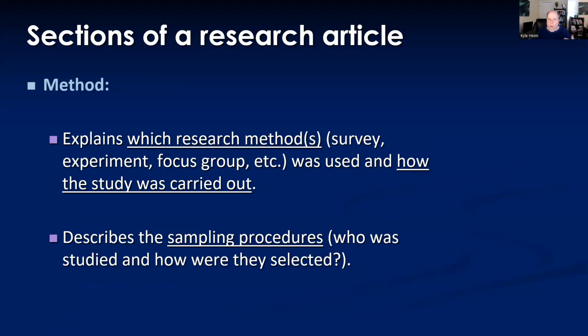And also, what were the sampling procedures? In other words, how did they decide which people to study or which items to study? How were they selected? So sampling also gets discussed in the methods section. So let me take a look at my article here for a second.